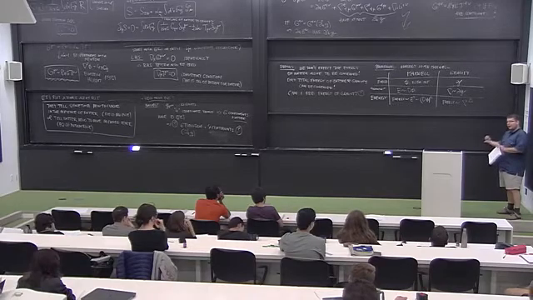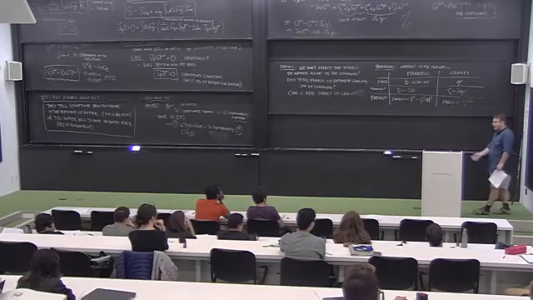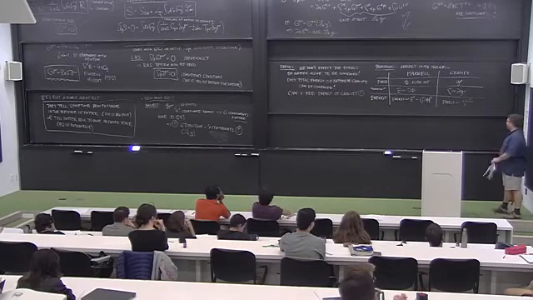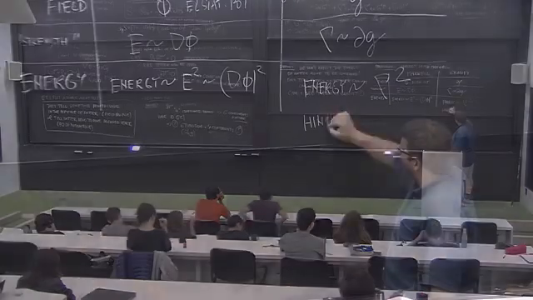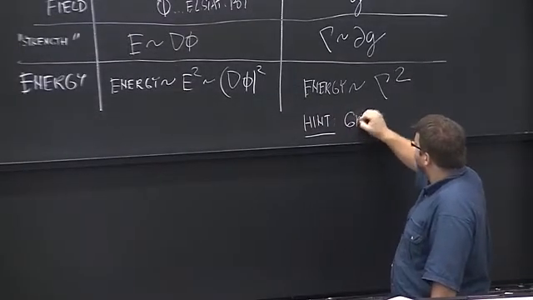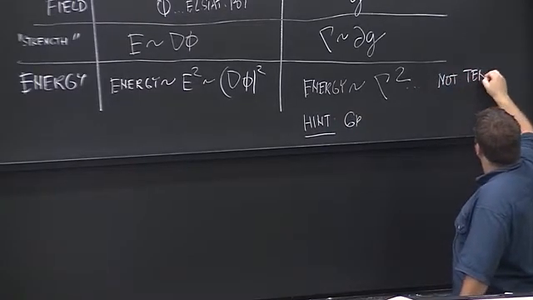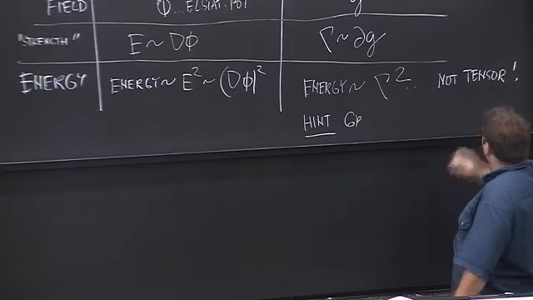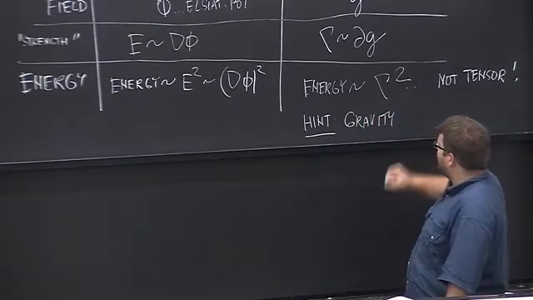And so actually the statement is that the gravitational energy cannot be localized. This is the first hint about how gravity behaves. This is not a tensor, which of course is a problem, and it tells you that gravity actually cannot be localized.